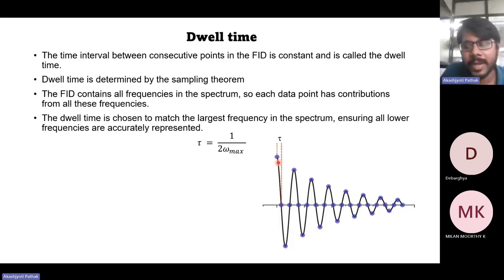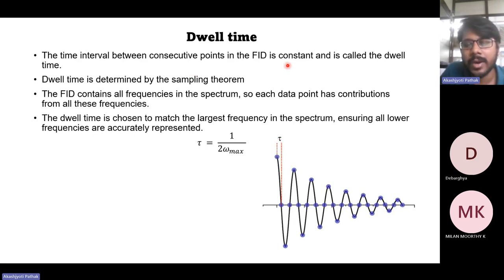When we are recording the spectra, the dwell time is the time interval between two data points. It is called the dwell time. The time interval between consecutive points in the FID is constant and is called the dwell time.